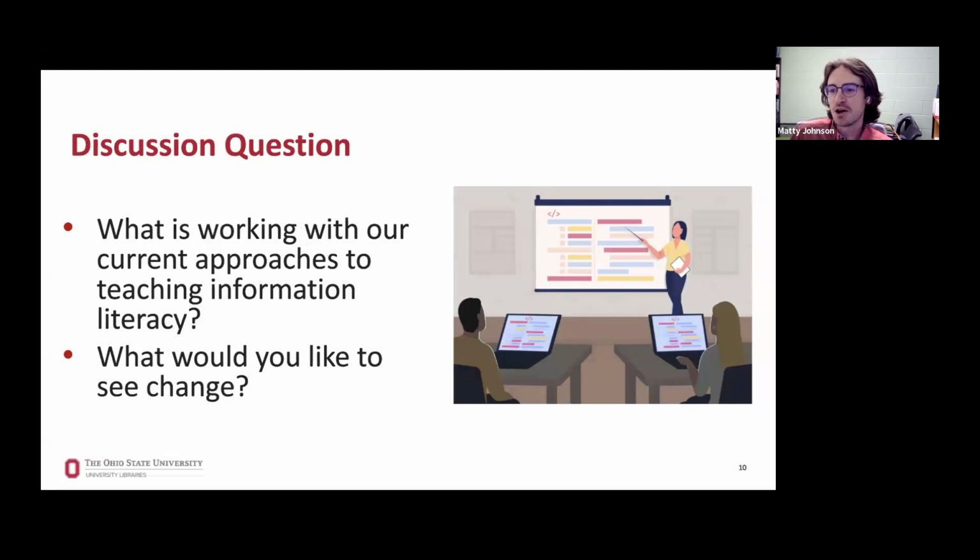I don't know if that's always true of guest lectures, but I do think that guest lectures in particular provide an opportunity for training of librarians around doing instruction.